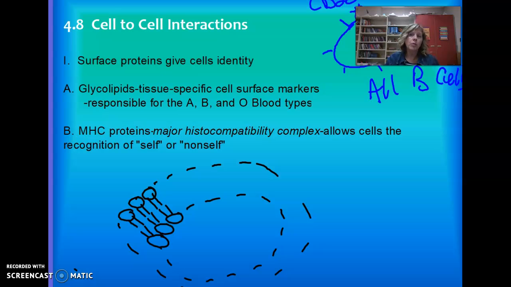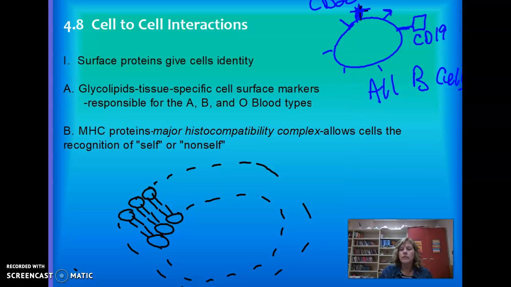So this is really important because if other cells don't recognize this cell as part of yourself, it will begin to attack your own cells. And that's what some autoimmune diseases are. So there's an inability of the cells to recognize markers on the cells as part of the same organism.